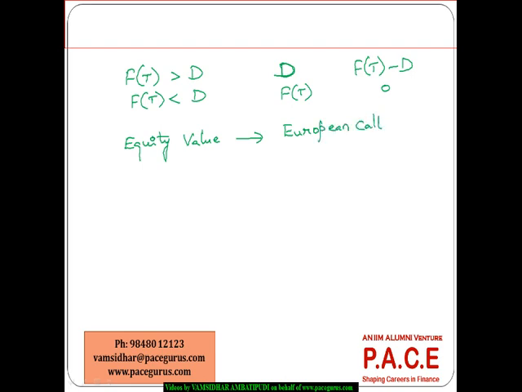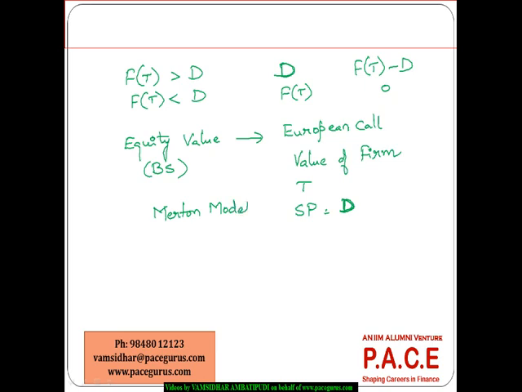If I compare this concept with the Black-Scholes formula or the concept of an option, I can very clearly see that the value of the equity is similar to a European call option on the value of the firm, on the assets of the firm, with a maturity period T and a strike price equivalent to that zero coupon debt that has to be repaid at the point T. This is what we are calling the Merton model for credit risk.